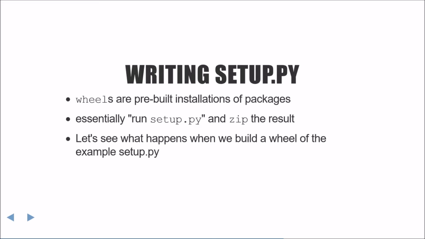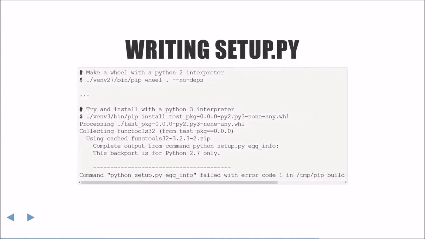Let's see what happens when we build a wheel of the example setup.py and try to install it. So in this slightly contrived but realistic situation, we're building a wheel using a Python 2 interpreter. Next, we try and install the wheel with a Python 3 interpreter. It crashes while installing functools32, which we didn't want to install in Python 3 at all.